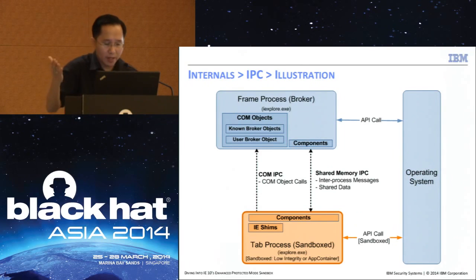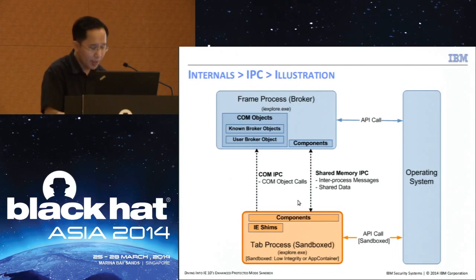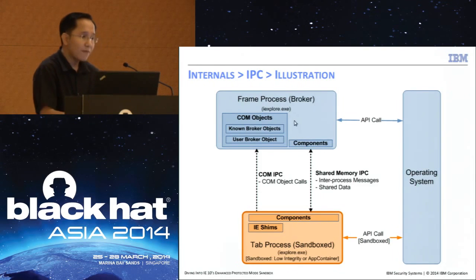The first IPC mechanism, as I discussed, is the shared memory IPC. It is used by components in the broker and the Sandbox process for exchanging inter-process messages and for sharing data. The COM IPC mechanism, on the other hand, is bootstrapped by the broker by first marshalling an interface of this user broker object.